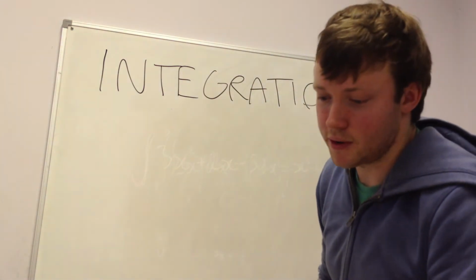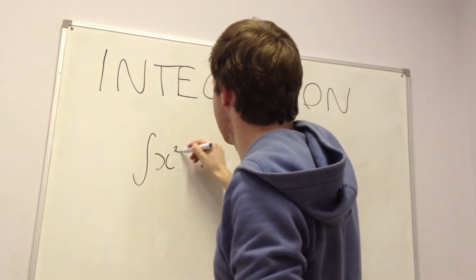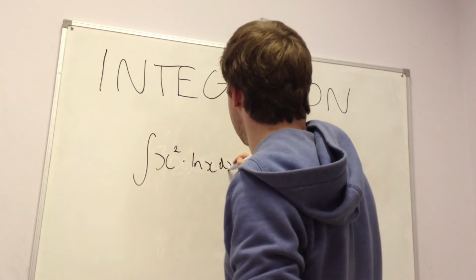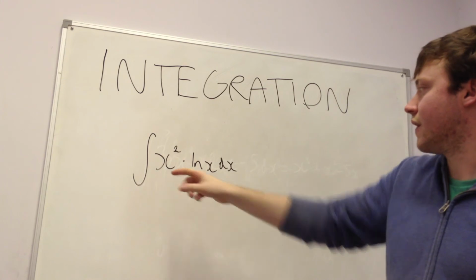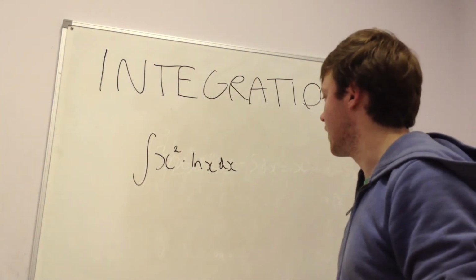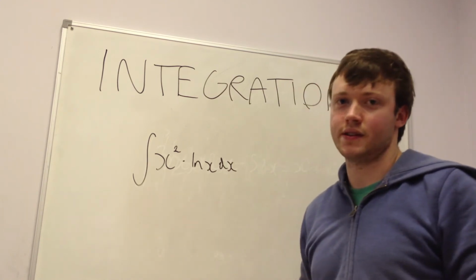However, what if we came across an integral that looked like this? Now we can't simplify these two separate functions into one term, so we have to treat them separately. And what we have here is a product of two functions.